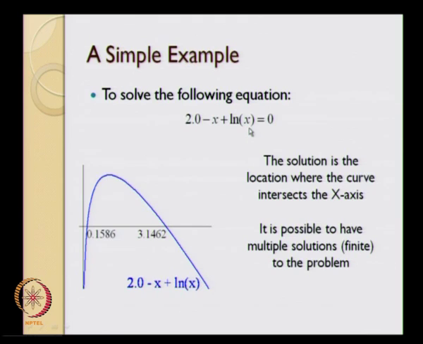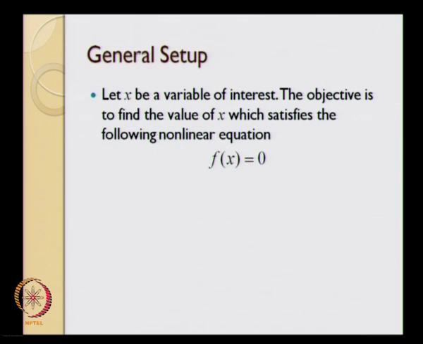There are a lot of problems in which we may not have a closed form equation, or we may not have an algebraic representation of f, but it can be obtained through certain other numerical means, and we will look at those problems perhaps when we come to module 8, when we discuss boundary value problems in ordinary differential equations and partial differential equations.